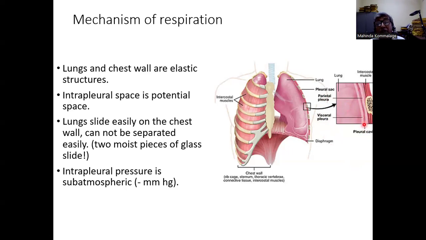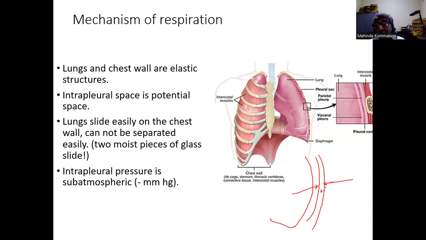These two layers are very thin layers, and they are attached to each other. If I draw something like this, this is the lung, and these are two layers of pleura, the inner pleura and the outer one.